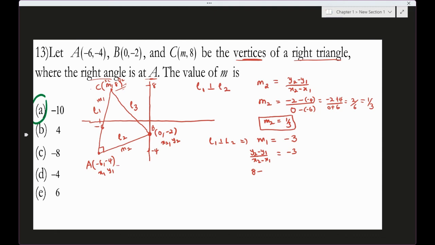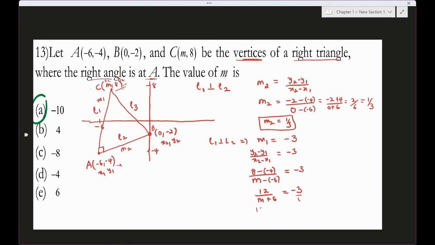You will see that you have 8 minus -4, which will be 12, over m minus -6, and this is -3. So we'll have 12 over m plus 6.